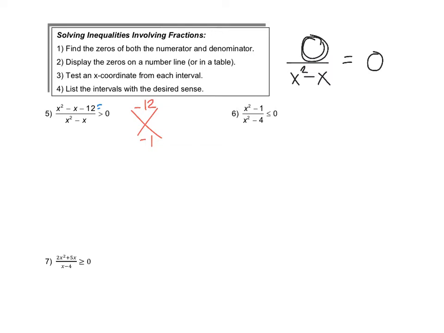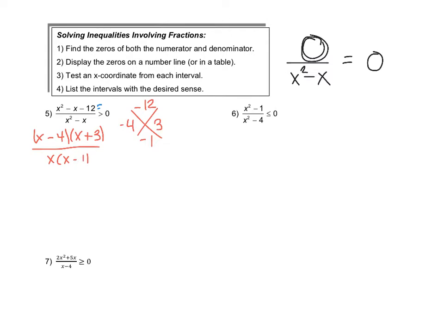And that would be negative 4 times positive 3 is negative 12, negative 4 plus 3 is negative 1. So my numerator is now x minus 4 times x plus 3. And the denominator, x squared minus x. So I can just factor an x out of that. x times x minus 1.